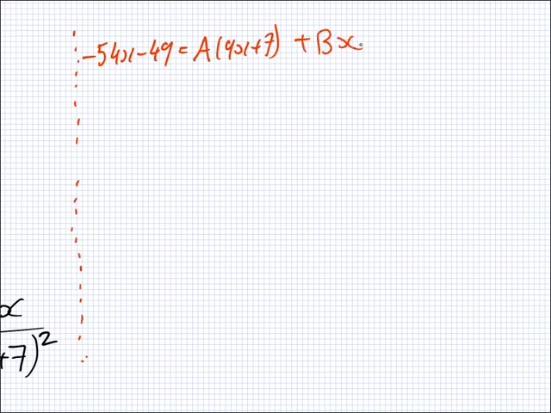Right, well that's actually not so bad, because clearly if I put x equals 0, I can get my first value. I'll get a. That'll be minus 49 over 7, so a would be minus 7.